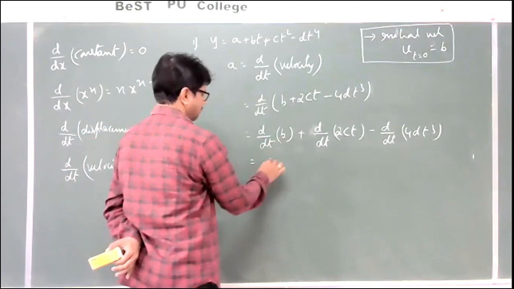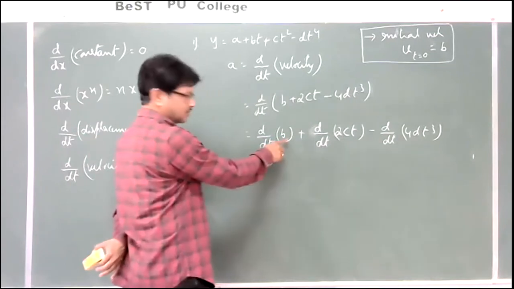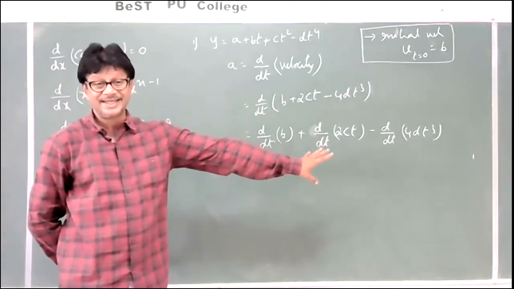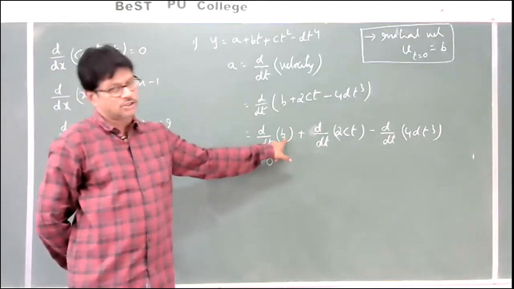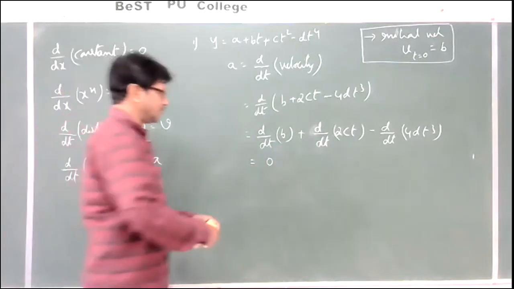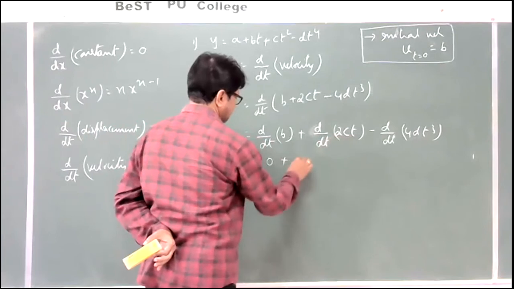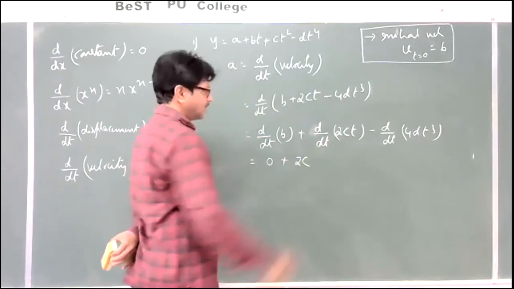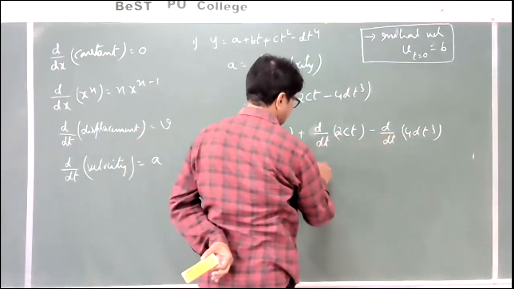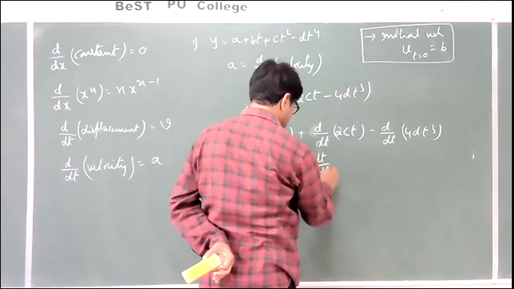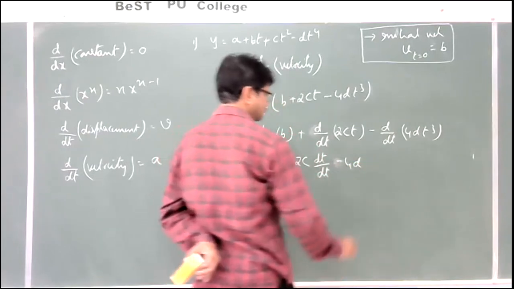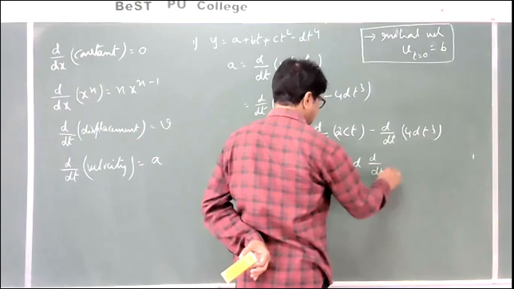So d by dt of b is 0, because here there is no t term. The b value does not depend on the t value. So it is a constant value. If you differentiate a constant with respect to any variable, it is 0. Next, taking 2c common, 2c times dt by dt, which is 1. Taking 4d common, minus 4d times d by dt of t cube.